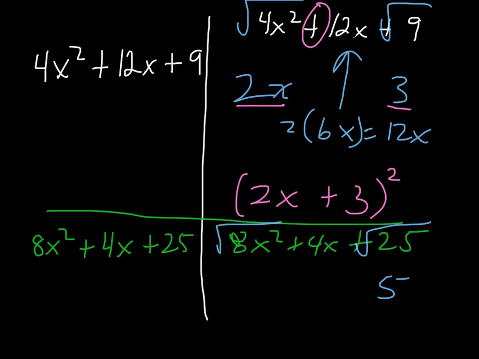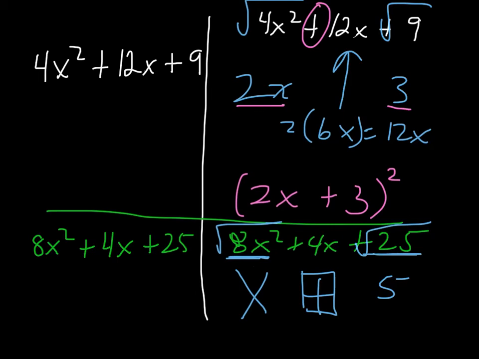Since that's not a perfect square, this is not a perfect square trinomial, which means you have to do generic rectangles and diamond problems. Make sure you write that down. If this does not work, or this does not work, then you must do generic rectangles and diamond problems.